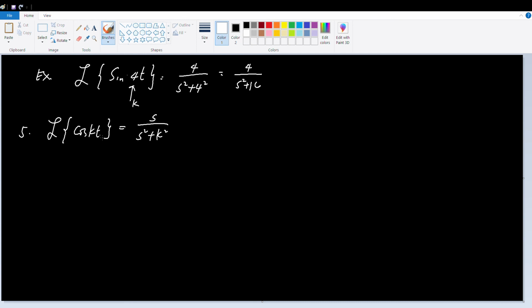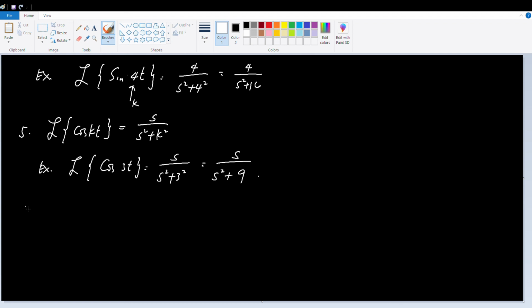So for sine kt, it will be k over s squared plus k squared. But for cosine kt, it will be s all over s squared plus k squared. So, example, the Laplace transform of cosine 3t will be equal to s all over s squared plus 3 squared, or s all over s squared plus 9. Okay?